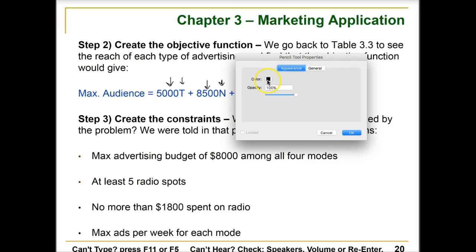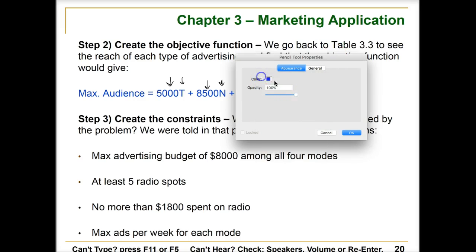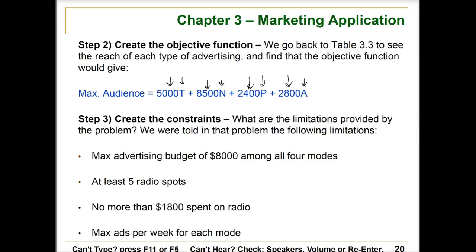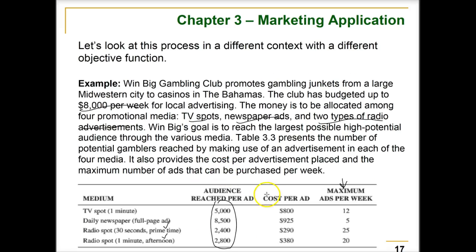So I'm going to switch colors here for a second. And so if we go back to our cost per ad, we know that for the TV spots, it's just going to be 800 times the number of TV spots, plus newspaper ads going to be 925 per spot, or per full page ad.